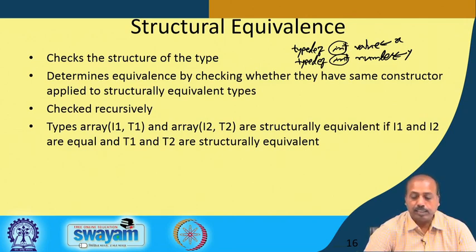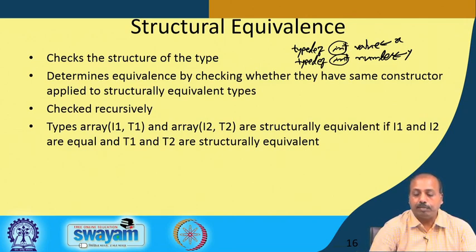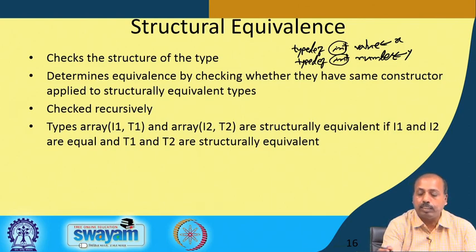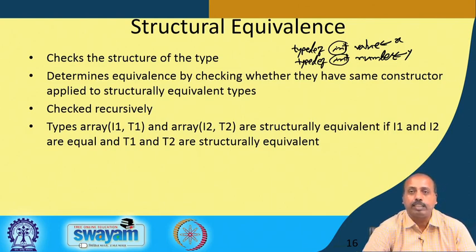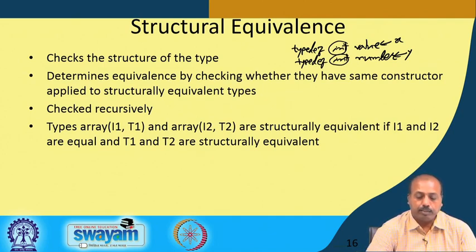So, this check is done recursively, like if it is one step further, until you reach a basic type, the check will continue. It will bring it down to the basic level, and at that basic level it will check whether they are of the same type or not. So, they will be checked recursively.